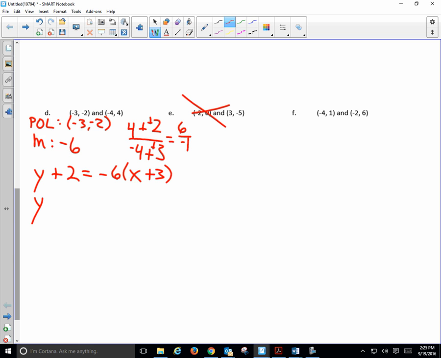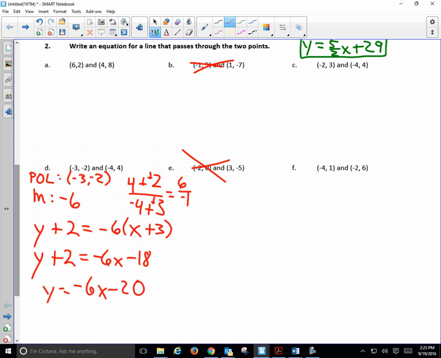Distribute my -6. Y plus 2 equals -6x minus 18. Y equals -6x minus, whoops, I wrote 16. Sorry, I'm an idiot. -6x minus 20. Super.